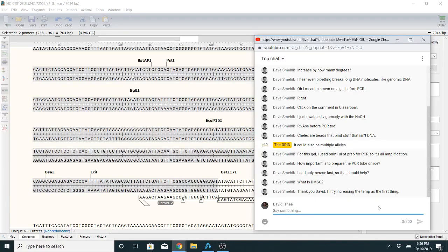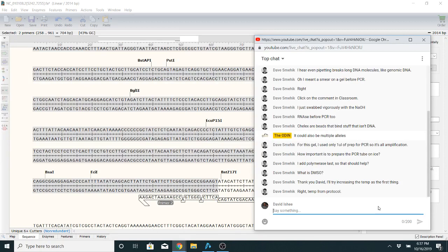So what I had to do was measure the temperature of my thermocycler. As I was running it, I measured it in each step, and I found out that it's a couple of degrees low all the time. So I just changed all my programs a couple of degrees high to compensate, and it all started working. So that's something to watch out for too, the calibration on your machine.